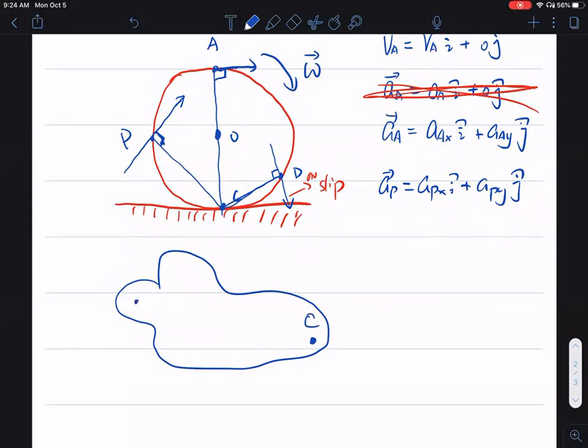If you want to find out the direction of any point on that rigid body, use the same method. Find direction of velocity at point A. That's just connect these 2 points and draw a perpendicular line that tells you where's the direction of velocity at that point. Okay.